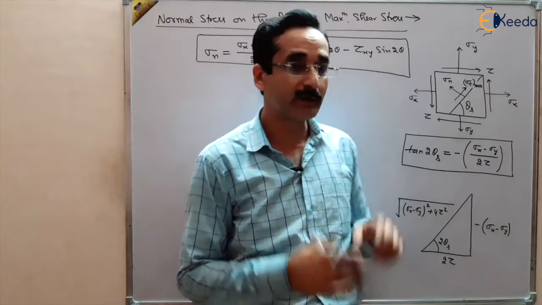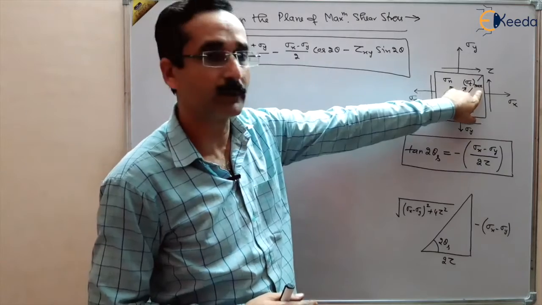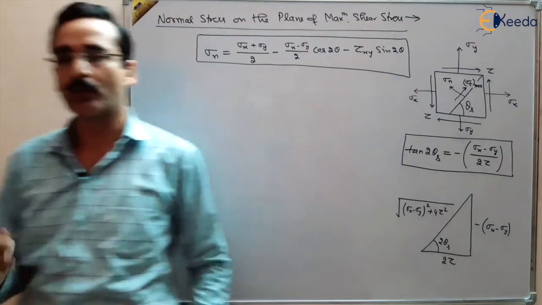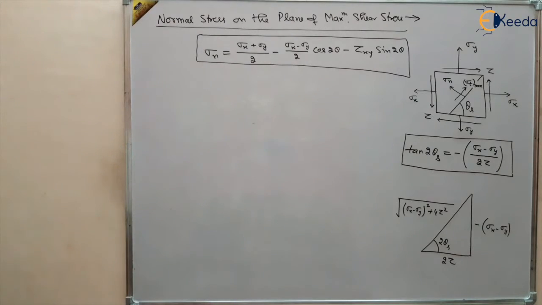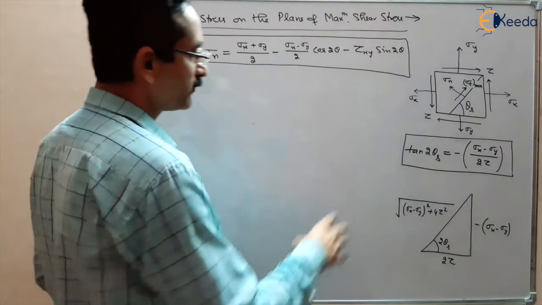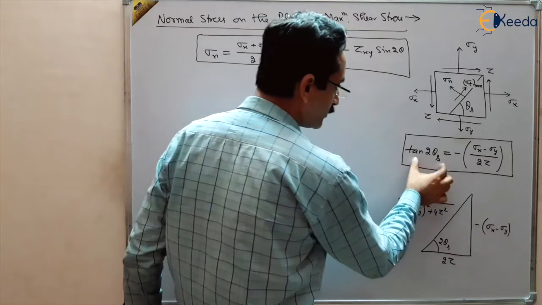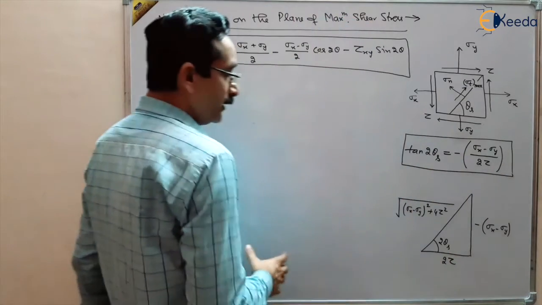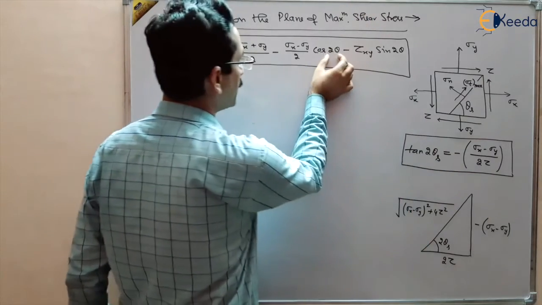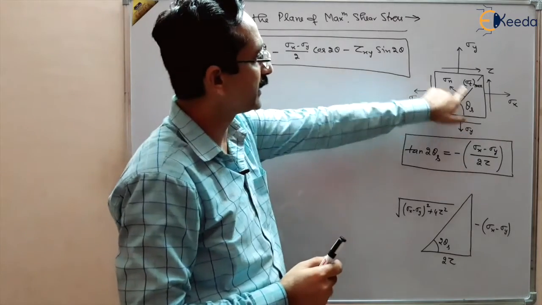But it is not the case with tangential stresses like this, that sigma t is maximum but there are some normal stresses sigma n, and our aim is to find the normal stresses on the plane of maximum shear stress, right? So we have obtained this result for the plane of maximum shear stress, that tan 2 theta will be given by this equation. Now if I put the value of 2 theta in cos 2 theta and sin 2 theta, I will get the normal stresses on the plane of this theta s.